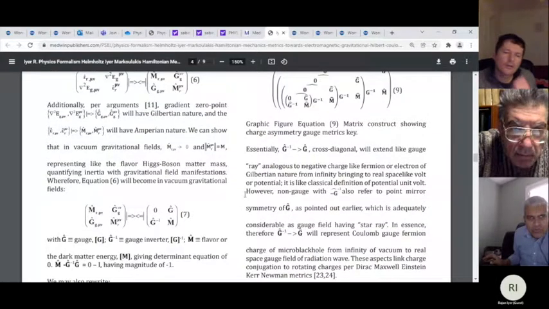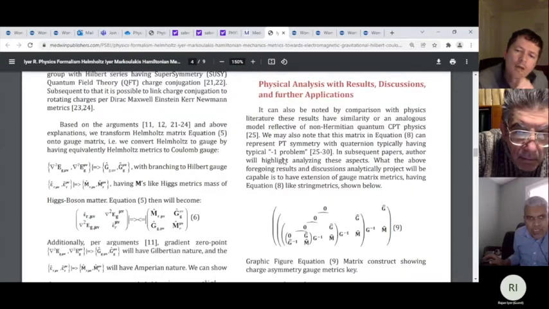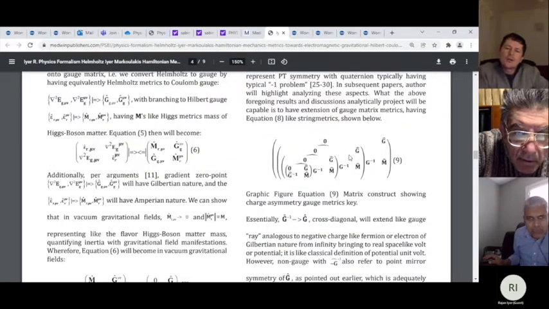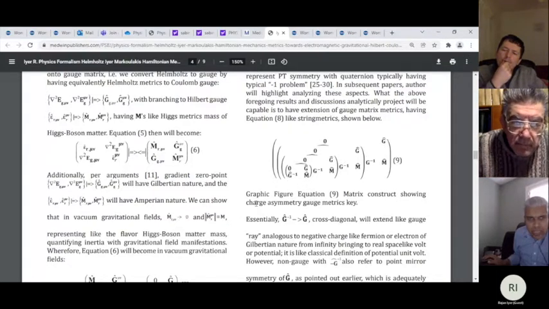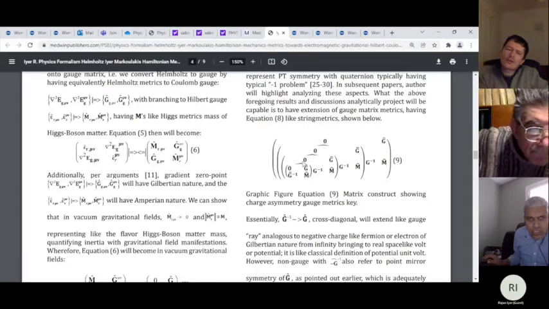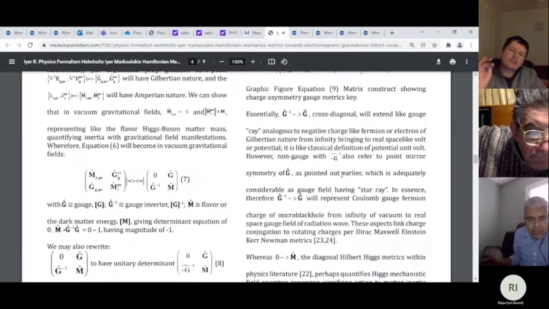Because of that, I can extend this to infinity almost. So this G and minus G I can connect with the Coulomb gauge to positron and electron, whereas this one is connected with the mass.